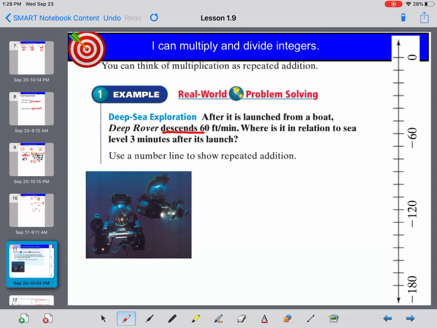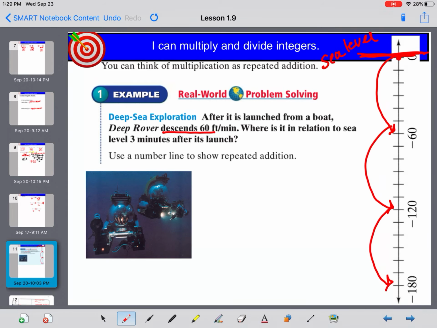So if it's descending 60 feet, here's sea level right here at 0. See that on the right-hand side of your screen? So this is sea level. Now, it's going to descend 60 feet every minute. So there's another one. So each one of these hops is 1 minute worth of time.